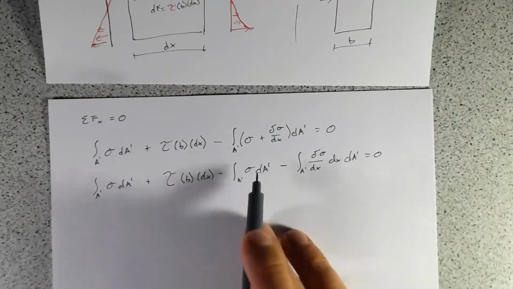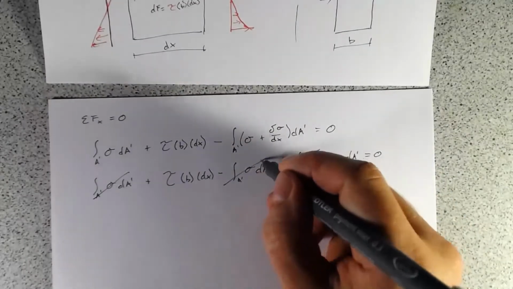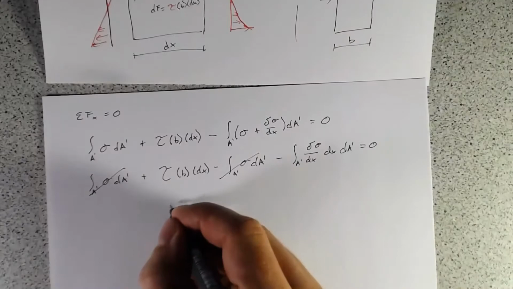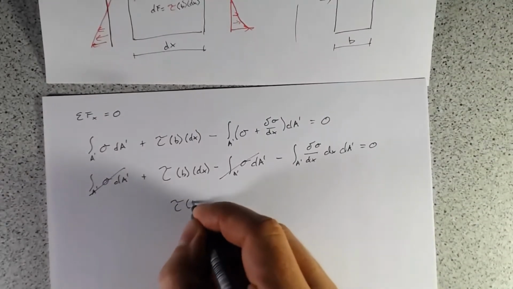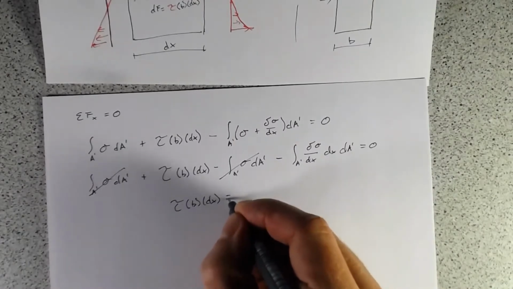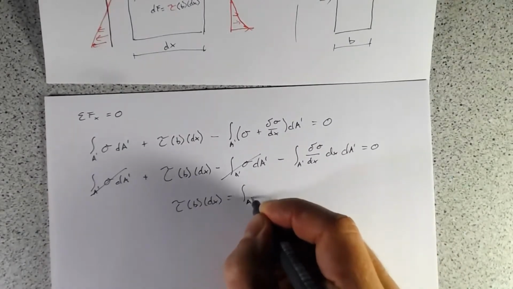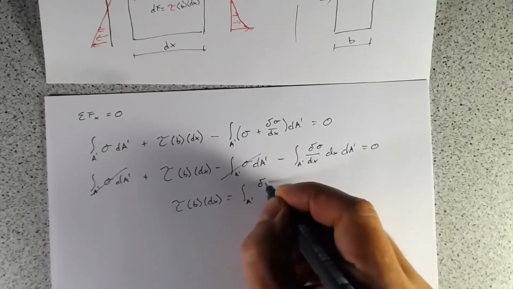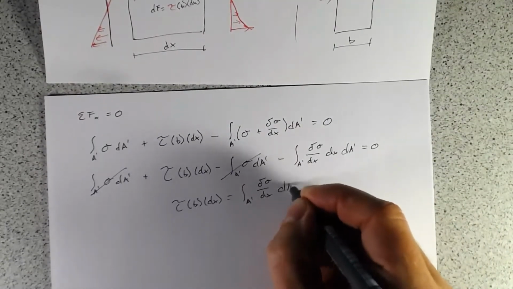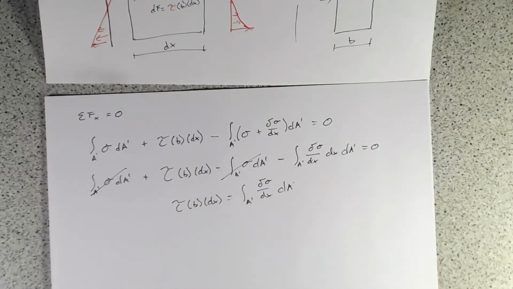So this force and this force, those cancel each other out because we have a positive and a minus. This is a minus, we'll move that over to the other side. So we get tau times b times dx equals A prime delta sigma over dx dA prime.